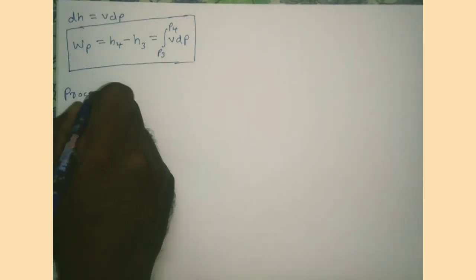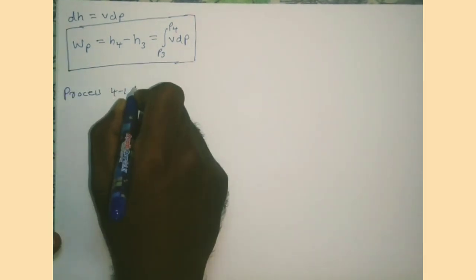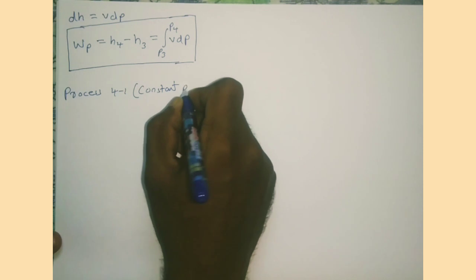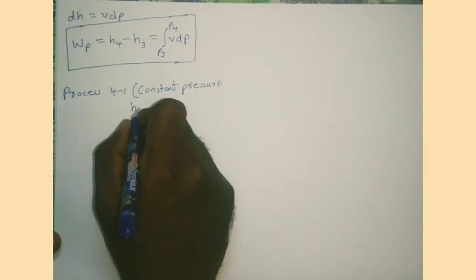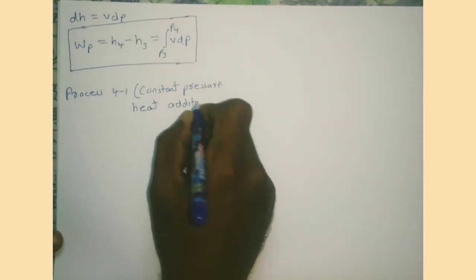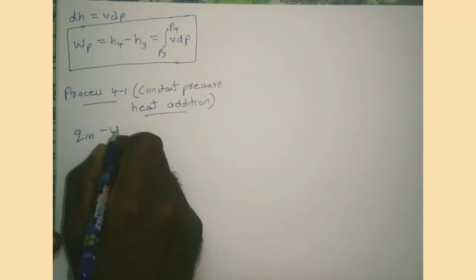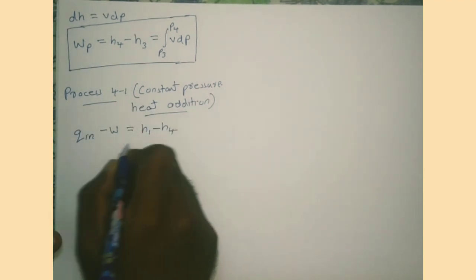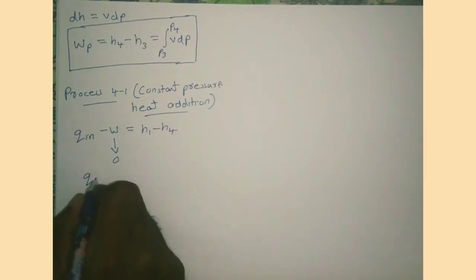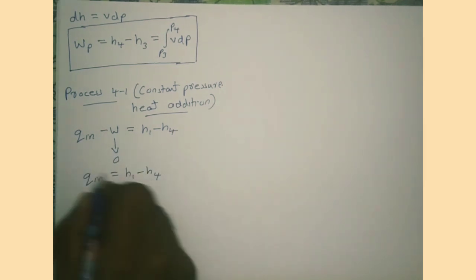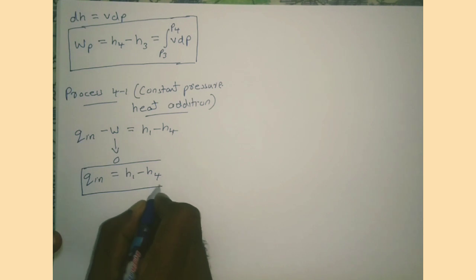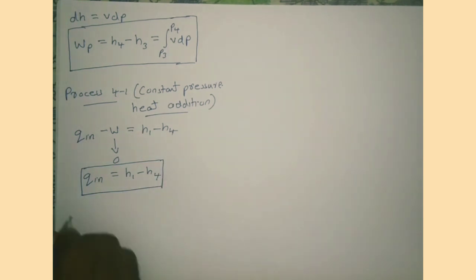Next, we are going to consider process 4 to 1, that is constant pressure heat addition in boiler. From the steady flow energy equation, we can write Q in minus W equals H1 minus H4. Work done is 0, therefore Q in equals H1 minus H4.